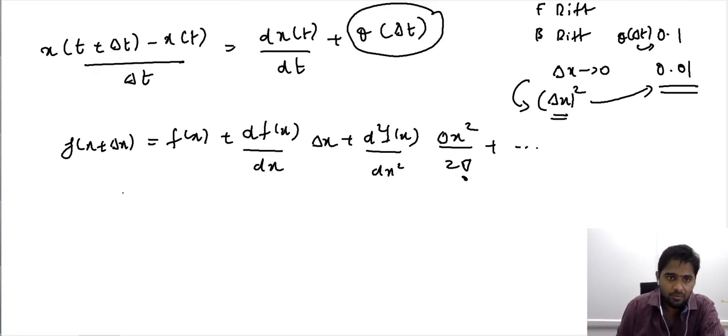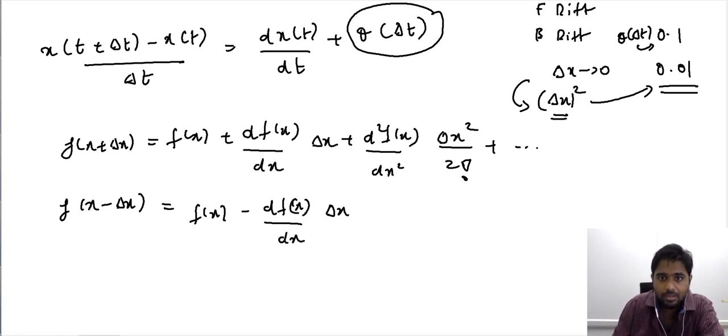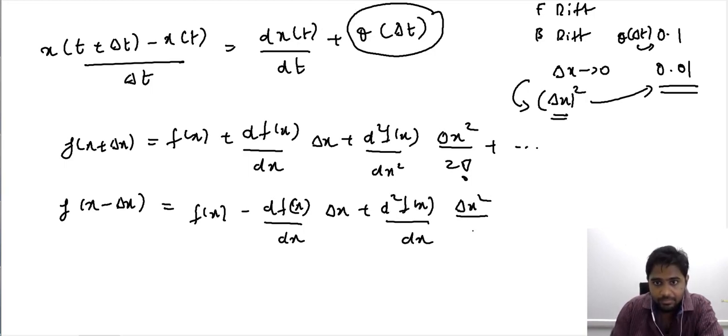And then we have also seen the Taylor series expansion of f of x minus delta x, that would be f of x minus the first derivative of f of x times delta x, plus the second derivative of f of x, and so on and so forth.